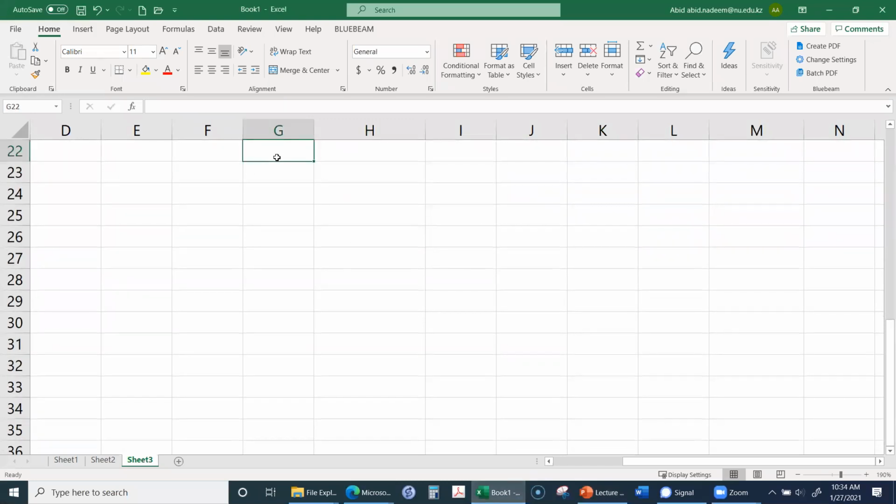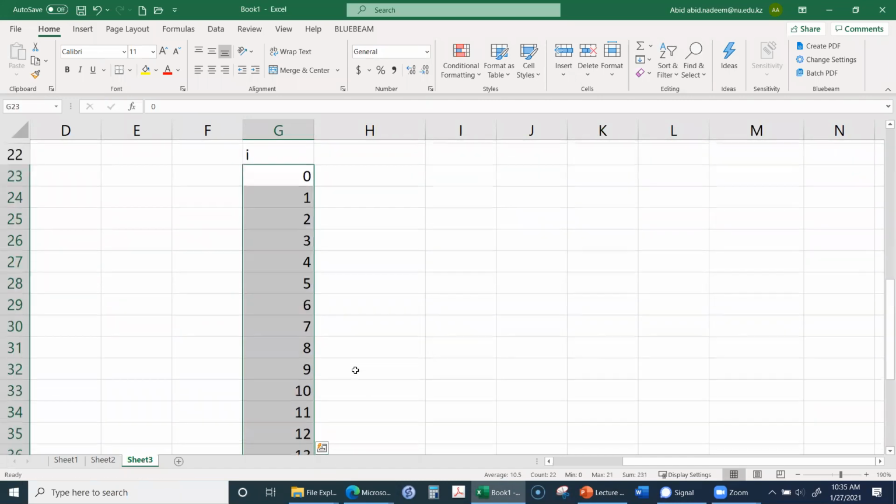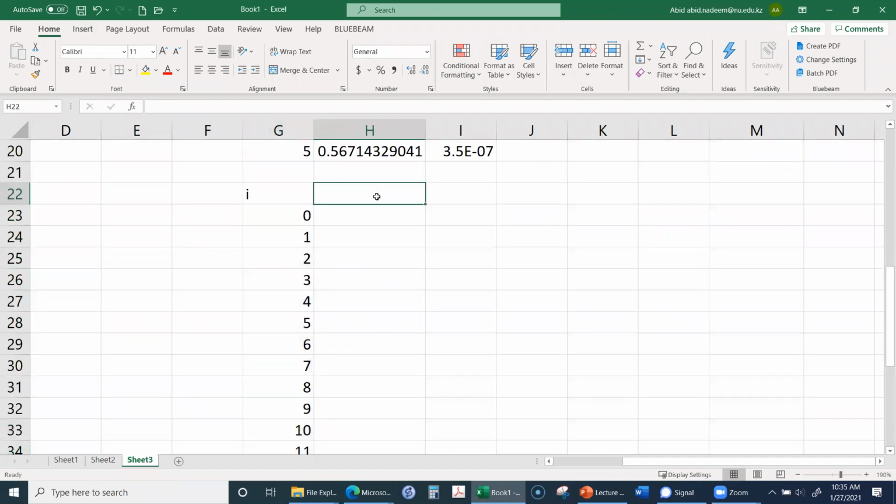Okay, so i is 0, 1, and then maybe say like 20 iterations, and now xi is equal to this.